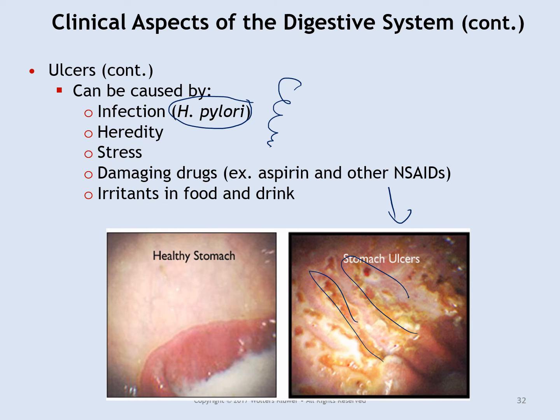He thought there was some potential there, but when he started presenting his findings to other colleagues, they laughed at him. There's no way that stomach ulcers are caused by this bacteria. Bacteria can barely even live in the stomach because it's full of acid. So Dr. Marshall decided, well, we need to prove this. We need to have some kind of study that will show that stomach ulcers are caused by H. pylori.